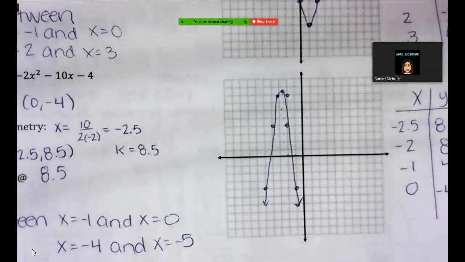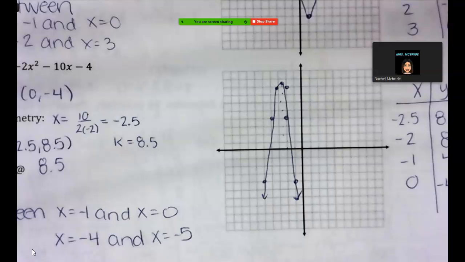And then number 3, your y-intercept is at 0, -4. Your axis of symmetry is at -2.5.